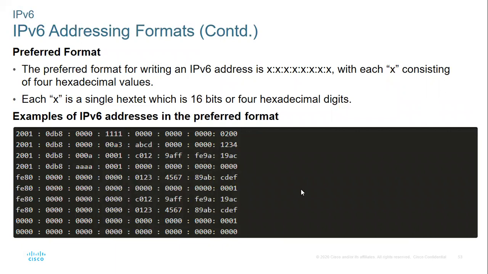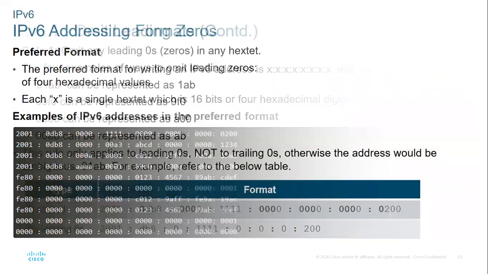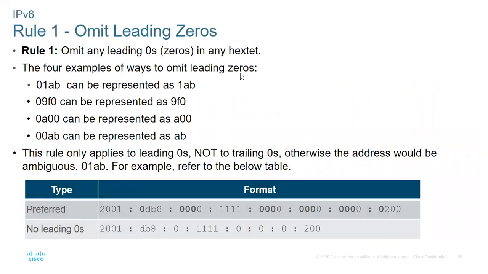okay? So to shorten these addresses, they came up with 2 ideas. The first idea or rule is omitting leading zeros, meaning here we're going to remove this 0 and just remain with 1AB, okay? Removing leading zeros, okay?